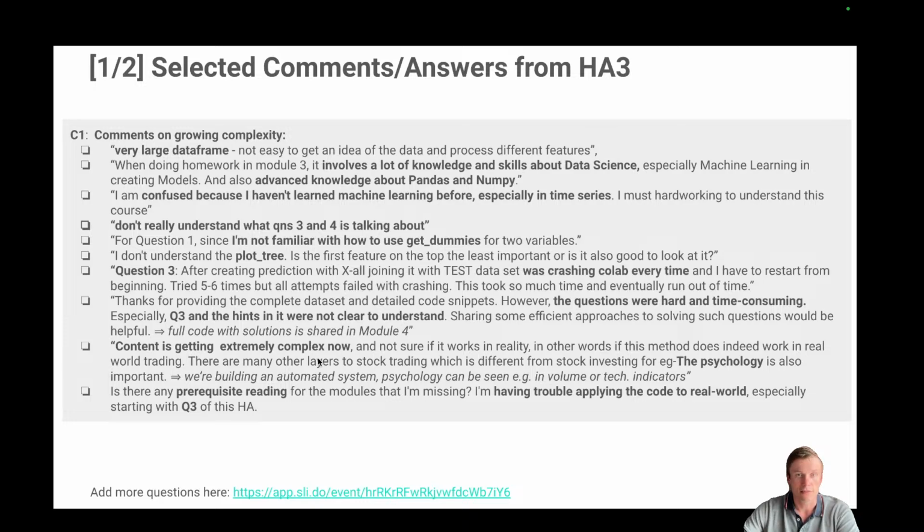Content is getting extremely complex. There was one thing about the psychology of trading, so we are not using it directly, and I don't know how to formalize this.